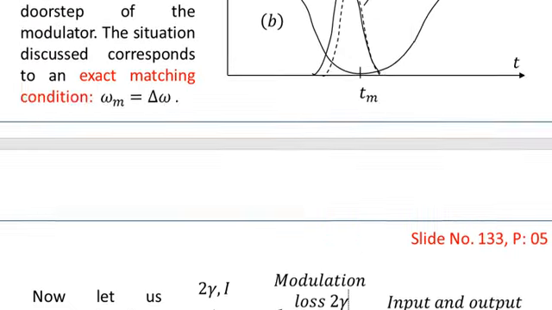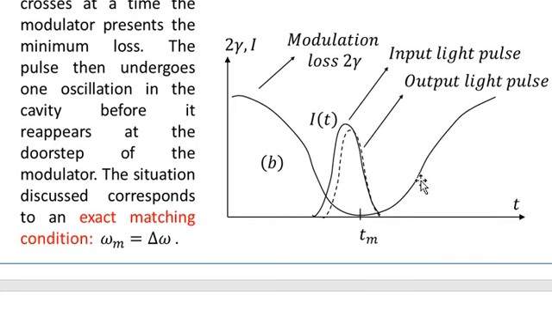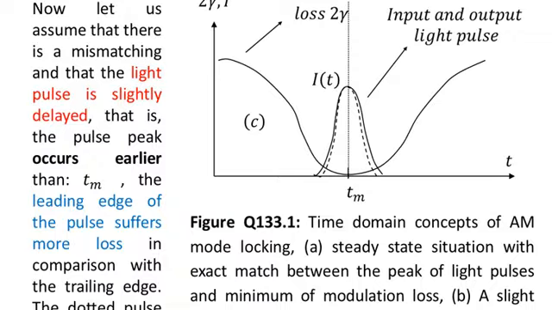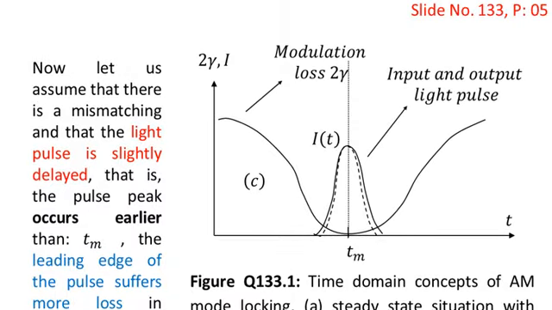You see, when this pulse shown in dotted passes through the modulator, then this pulse will oscillate back and forth in the laser cavity. And due to the limited bandwidth of the gain medium or the active medium, this pulse improves its position to the minimum value of the loss of the modulator.